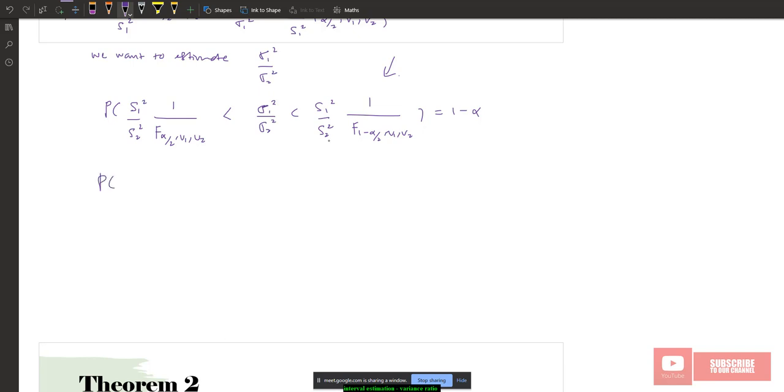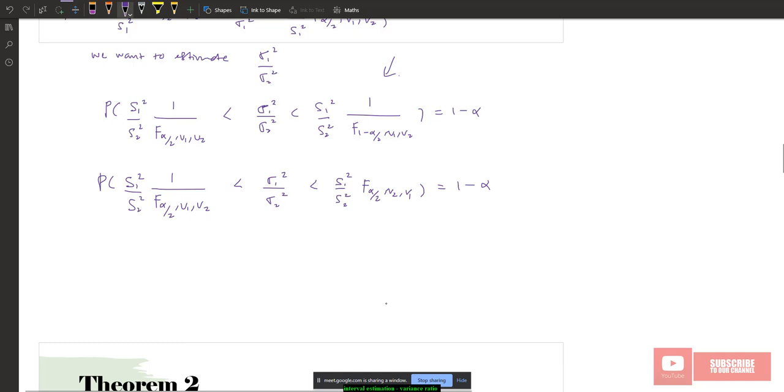So this should be equal to s1 squared over s2 squared, this is 1 over f alpha divided by 2 v1 v2. This is sigma 1 squared over sigma 2 squared, and this is S1 squared divided by S2 squared, and this is 1 over F 1 minus alpha v2 v1. It becomes 1 over F alpha divided by 2 v2 v1, 1 minus alpha, right?